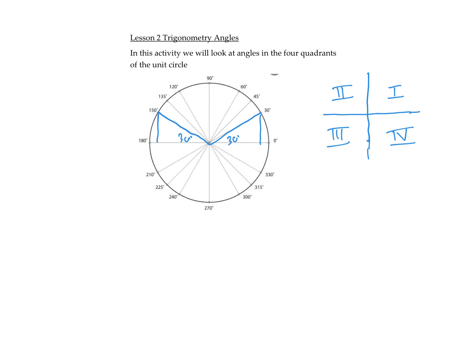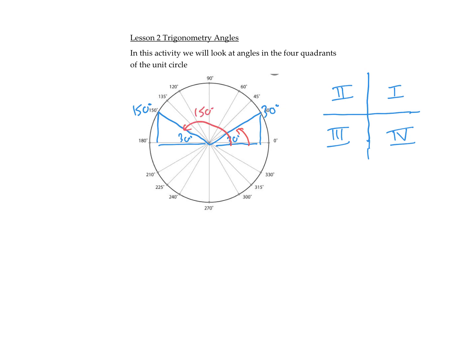We talked previously about why the ratios of 30 degrees are going to be the same as the ratios of 150, because basically we've drawn the same triangle, the same measures, but in different quadrants. We always start at 0 and we measure in the counterclockwise direction. So this would be 30. This would be 150.